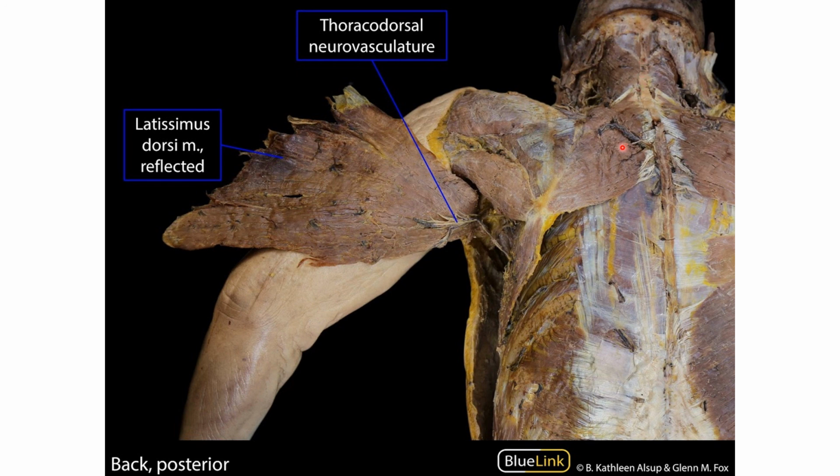So this has trapezius reflected, latissimus dorsi reflected back, and the thoracodorsal nerve and thoracodorsal artery go to the latissimus dorsi. So where did the thoracodorsal artery come from? It was off of the subscapular artery, which is a branch off of the axillary artery. So this is its final destination here, looking at it with the latissimus dorsi reflected from a posterior view.